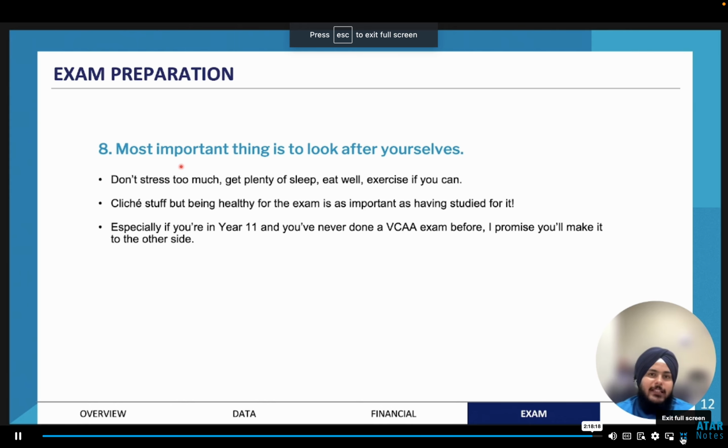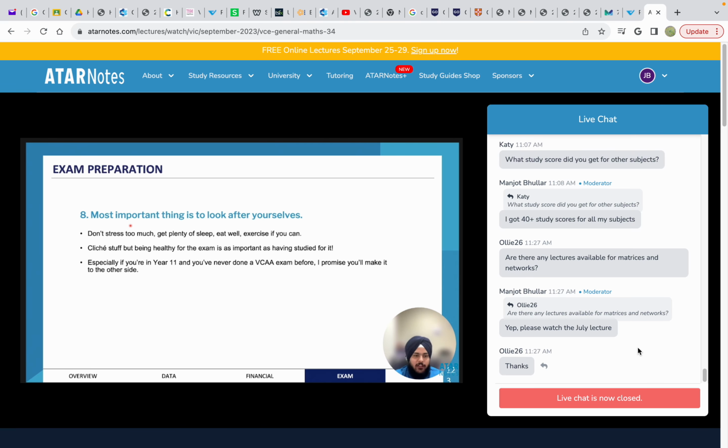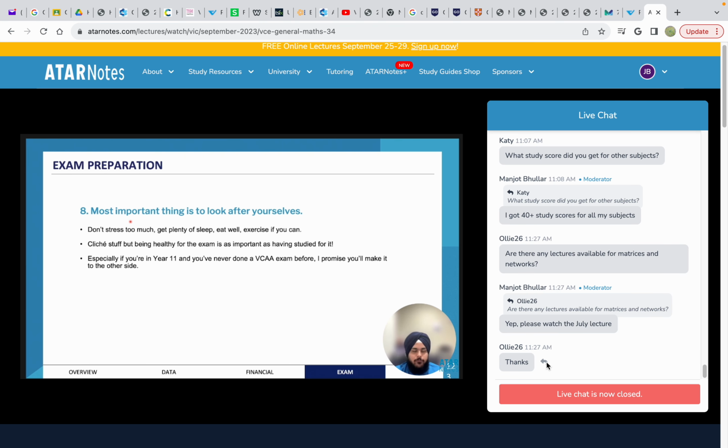What I mean is, if you are in year 11 doing a year 12 subject, think of it as a subject that you're going to put in your bottom two. Really try and focus on this and get the full experience, because it's really going to help you next year when you actually get into year 12.